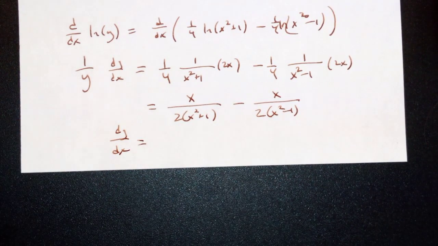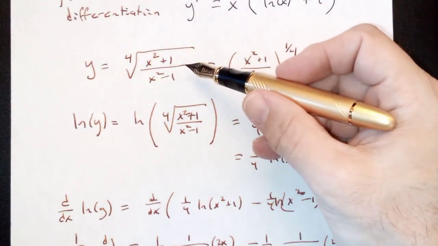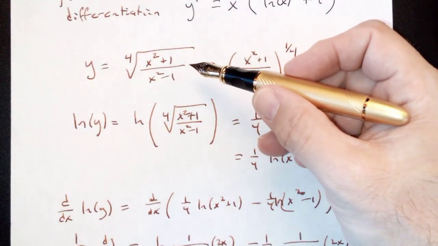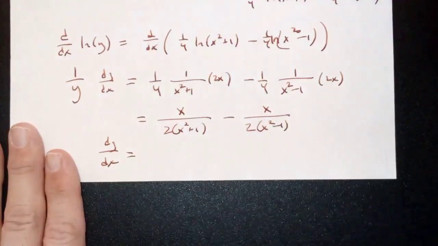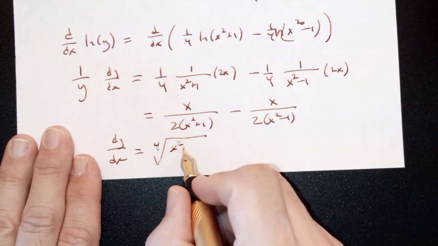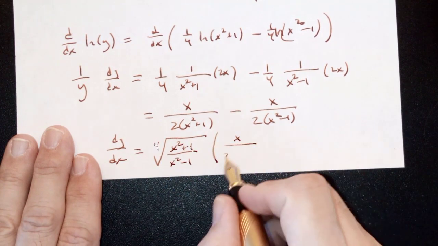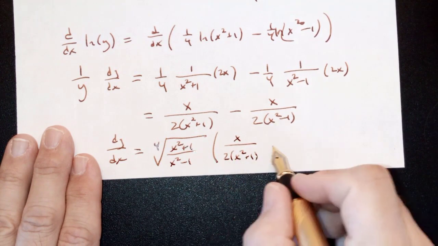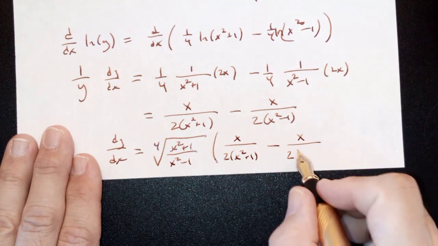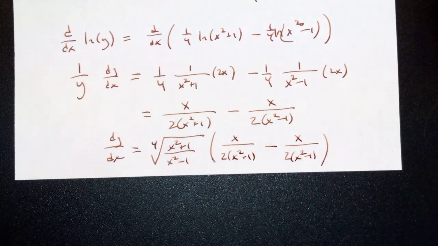I'm not going to write it as y because it was an explicit function to begin with. I'm going to write back in this instead of y. And there's my derivative.